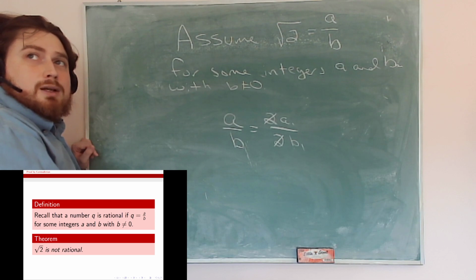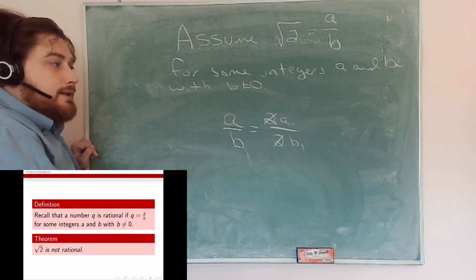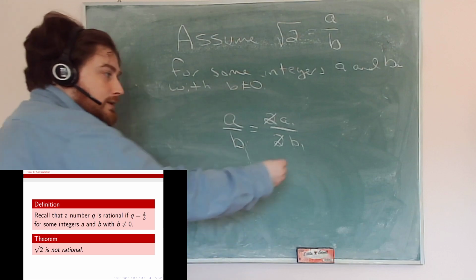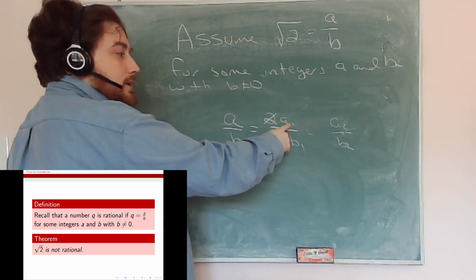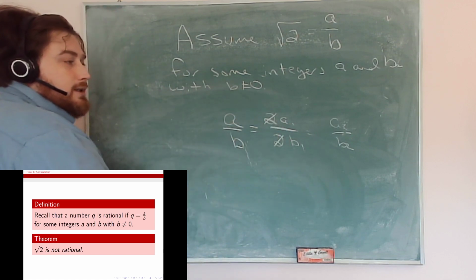Now what happens if both a1 and b1 are even is I can cancel out the 2's. And so I can get an a2 over b2, where a2 is less than a1 is less than a.